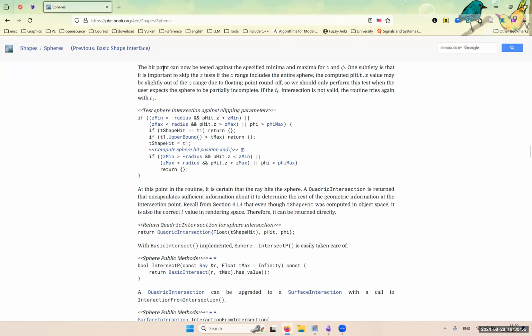And then the hit point is tested against the minimum and the maximum for Z and phi. It's important to skip the test if the range includes the entire sphere. And yeah, the computed value may be slightly out of the range due to floating point again.